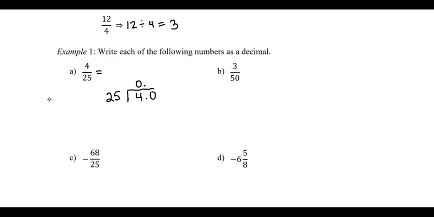So now I'm looking at the problem, and I'm asking myself, how many times 25 goes into 40? 25 goes into 40 exactly one time. So you're going to have 25. Subtract 25, you will have 5 and 15. So now we're looking at 15. So we cannot leave a remainder. So we're going to add another 0. Fill in another 0, bring it down.